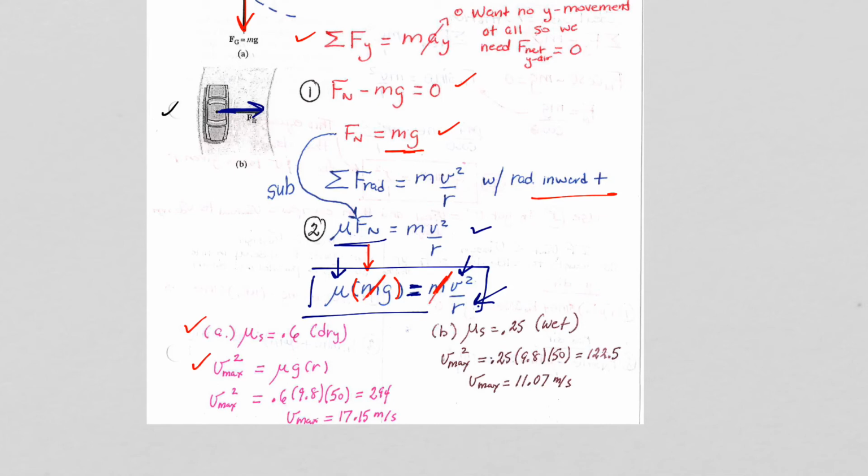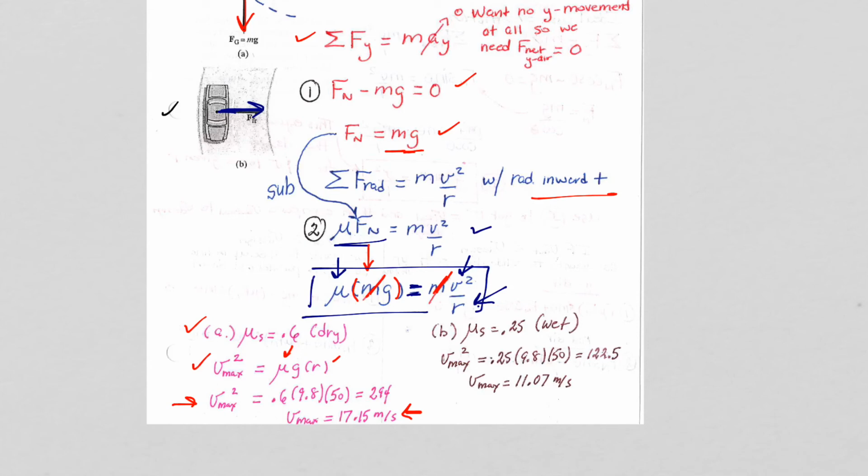If I plug in 0.6, 9.8, and the radius of curvature of 50, we can solve for v max. The maximum speed you can have is 17.1 meters per second, and this equation will be satisfied. Anything below 17.1, you're safe, and since we're at 14, we're safe.